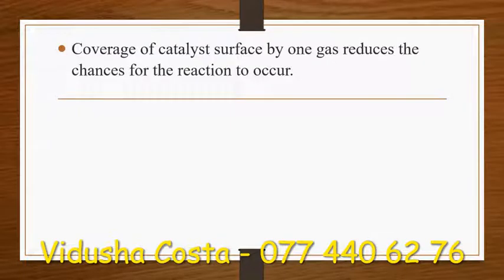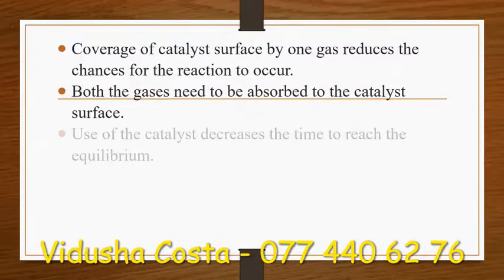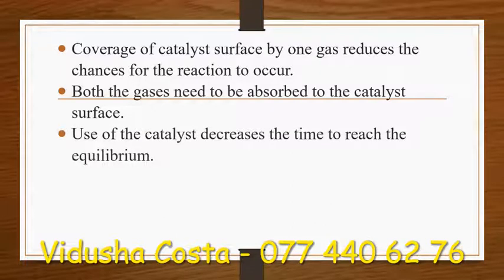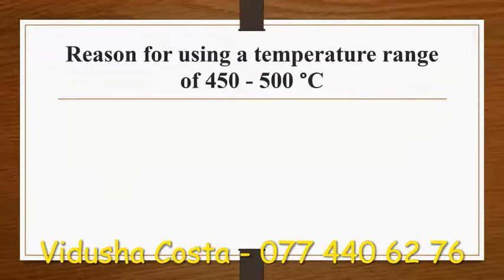Coverage of the catalyst surface by one gas reduces the chance for the reaction to occur, and both gases need to be absorbed to the catalyst surface. Use of the catalyst decreases the time to reach equilibrium, and based on all these factors, nitrogen and hydrogen gases are mixed in the optimum ratio 1:3.